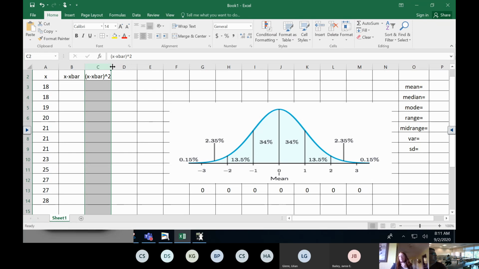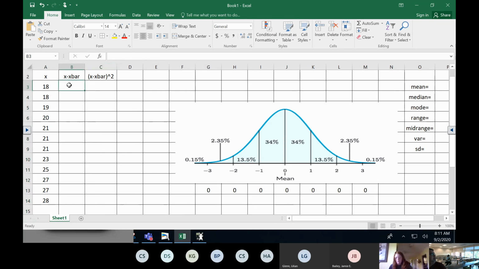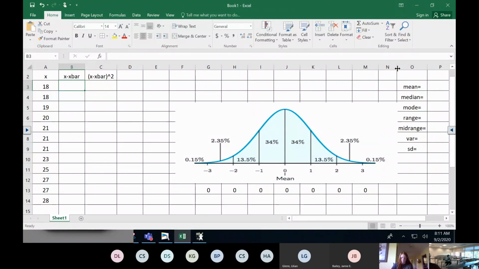There. Okay, so the first column, we're going to subtract. Well, we got to find our mean first. Sorry. So mean, and of course, I had to mess it up, didn't I?